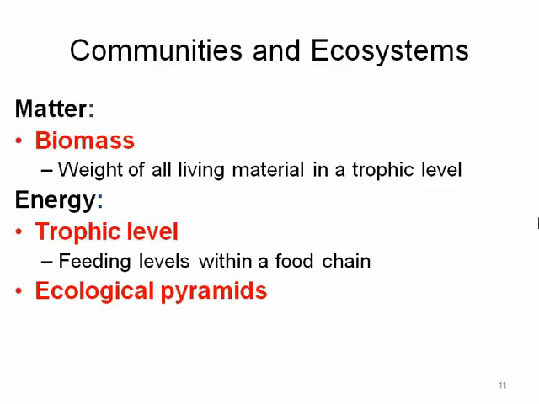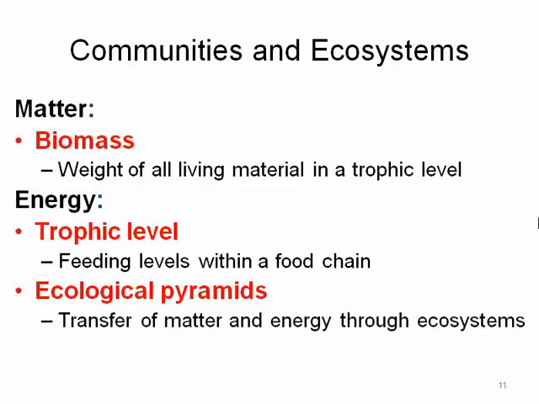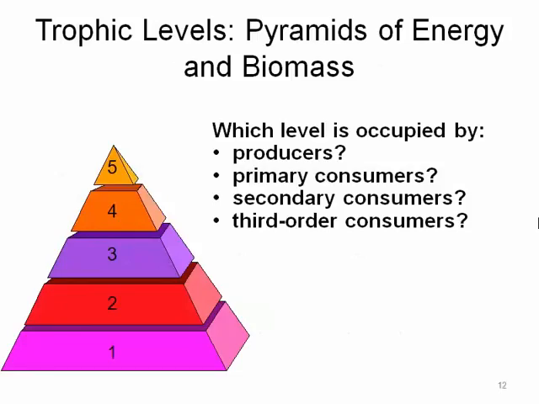Together, these terms come together in what's called an ecological pyramid. This is just a schematic and conceptual way to describe how matter and energy transfer through a given ecosystem. So if we think about it, with plants as producers and then animals primarily as consumers, which of the levels in this pyramid do you think is occupied by green plants?